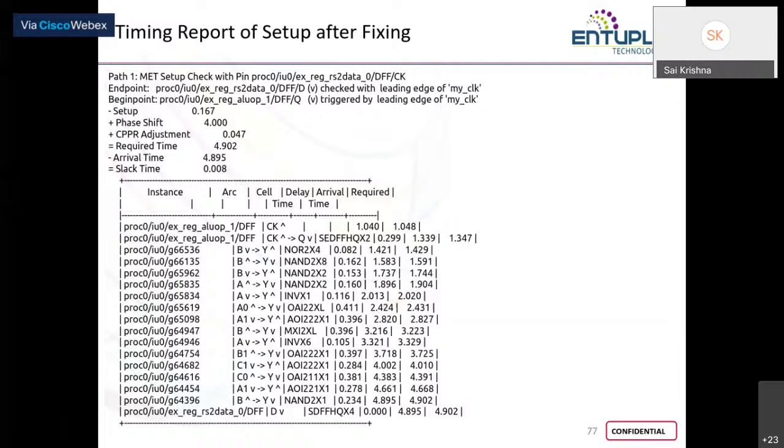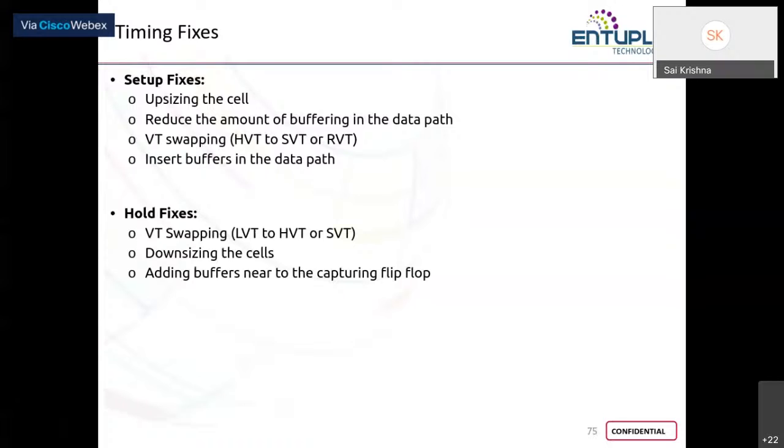In spite of optimizing your design multiple times, or doing everything you could, if the violation still exists, then you can go for ECO, engineering change order, where you can implement the aforesaid timing fixes for setup and hold that we just discussed.